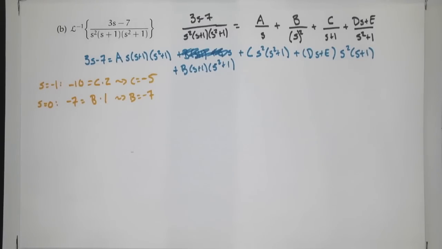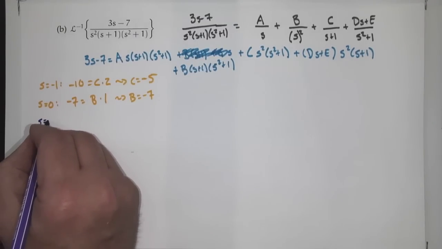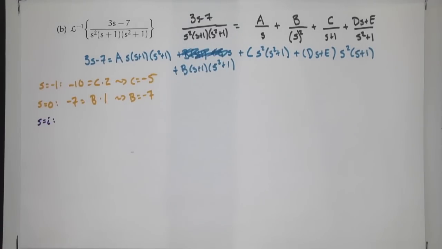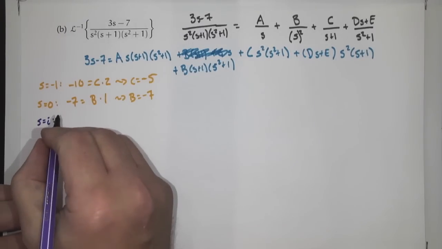Oh, good. An imaginary number. This is going to be fun. All right, here we go. Which imaginary number shall we plug in? I. I's the number. Okay, so we plug in I.